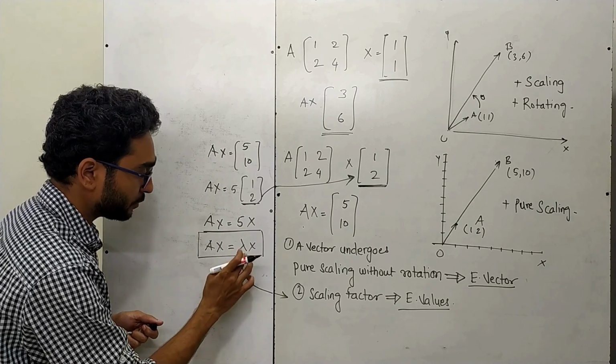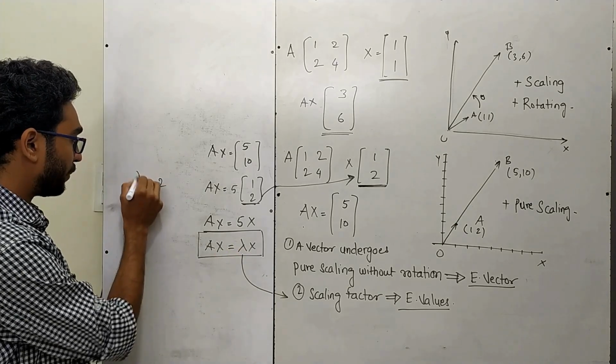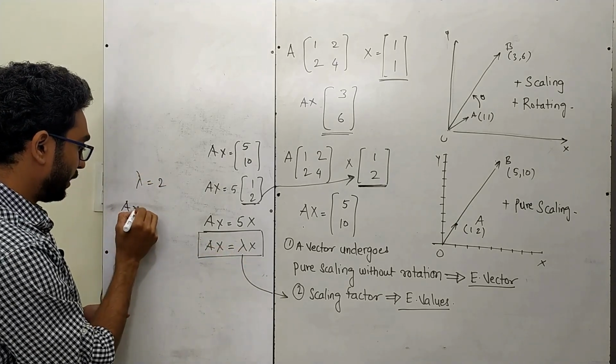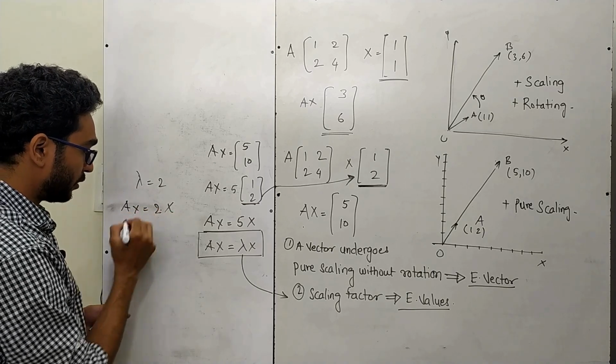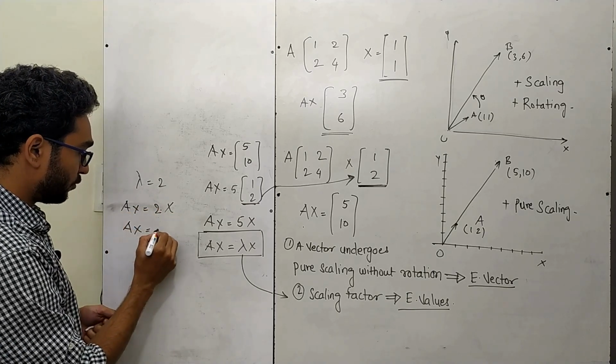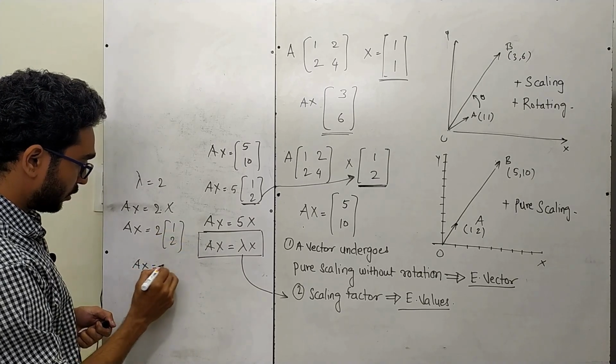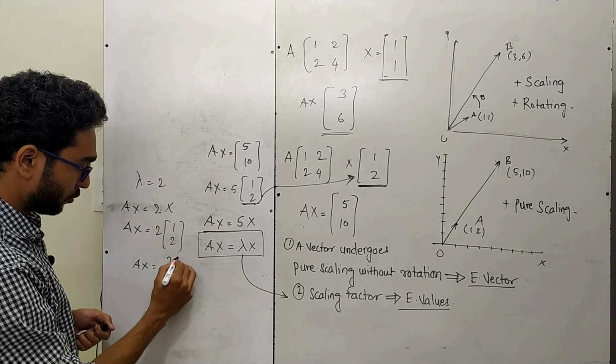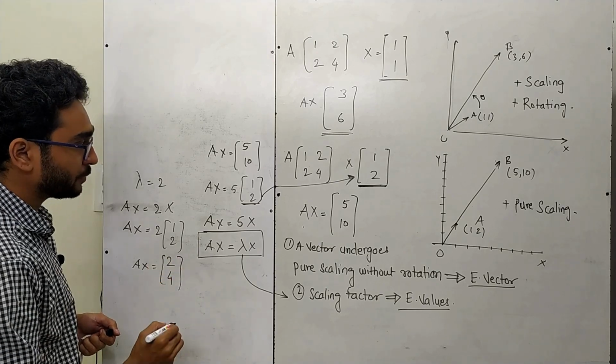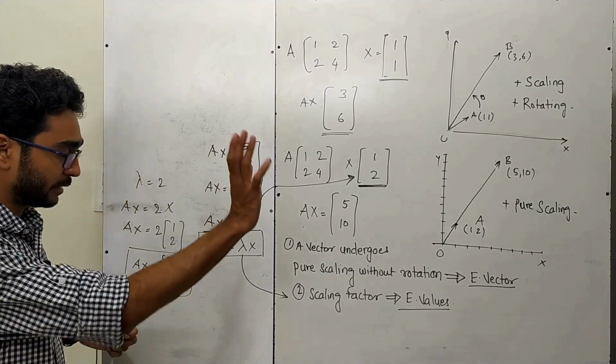I will show you here. Listen carefully. If lambda is equal to 2, then AX is equal to 2 into X, right? So AX is equal to 2 into (1, 2), so AX is equal to (2, 4). Now listen carefully.